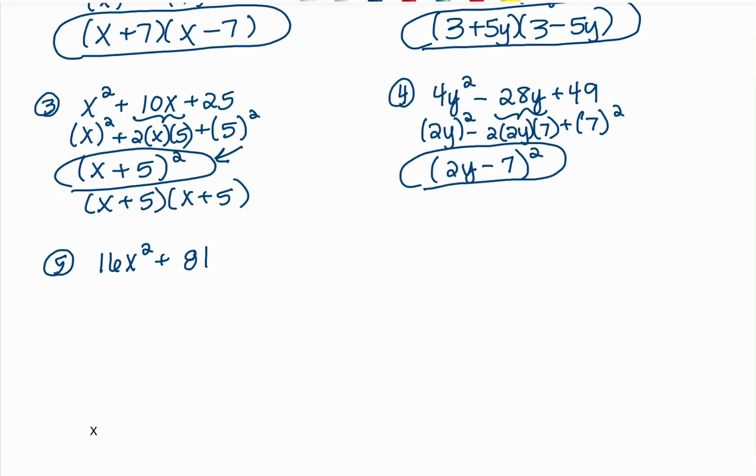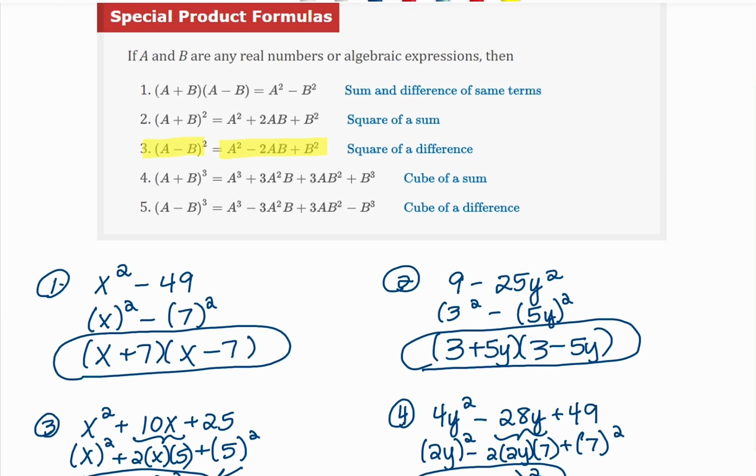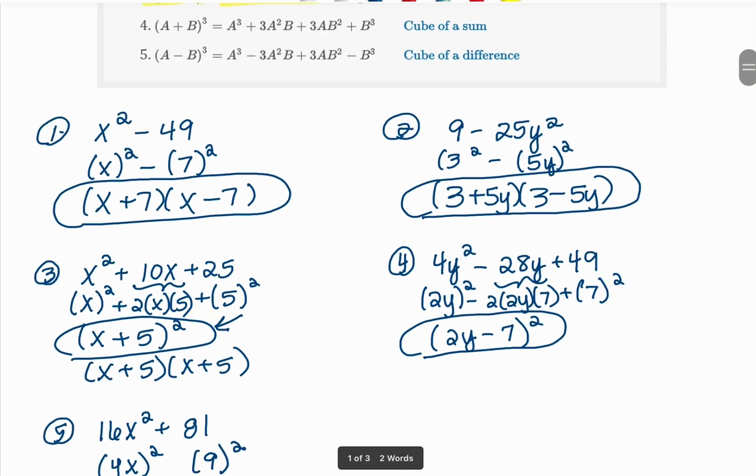Now lastly, if you look at this number 5 here, a lot of students will look at this and say, oh, we have a pattern, so I have a 4x being squared, I have a 9 being squared, all right, and so they're thinking that they have this first pattern right here, but this first pattern has a subtraction, so it's really important that you only use that pattern when you have subtraction, okay.